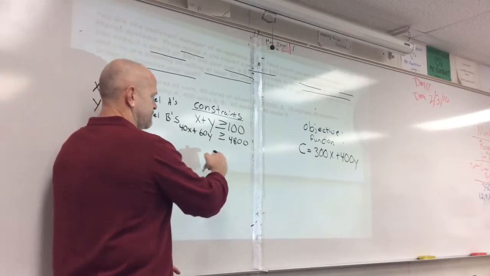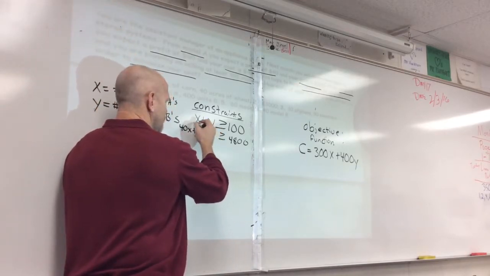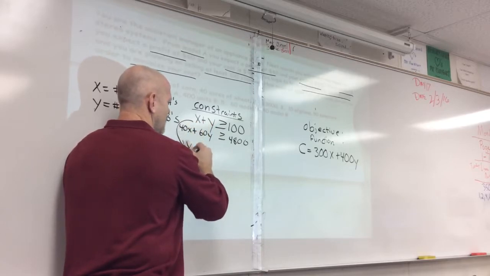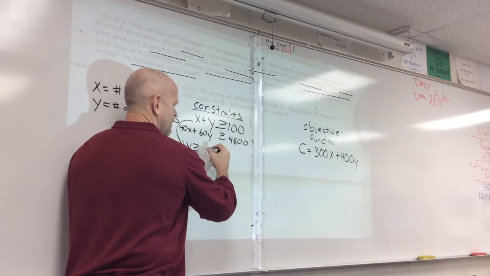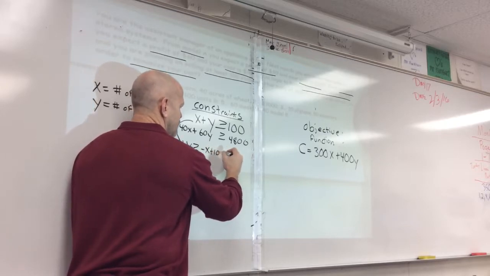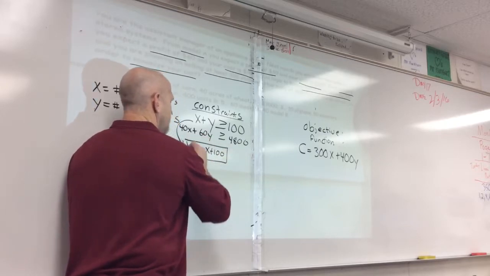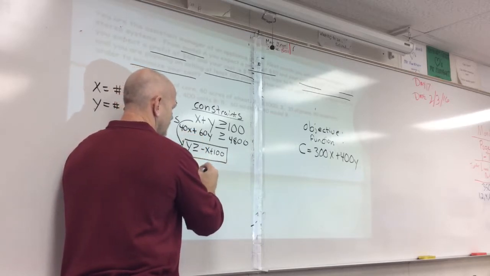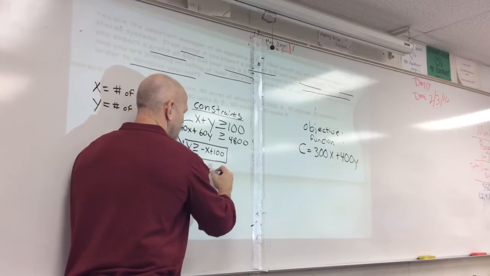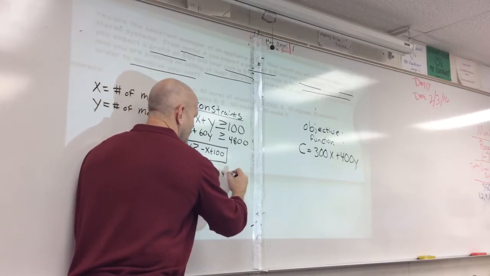So what I'm going to do is this. We're going to solve each one of these for Y. This one is going to be Y is greater than or equal to negative X plus 100. There's one of them. I'm going to subtract 40X, and I'm going to get 60Y is greater than or equal to negative 40X plus 4,800.